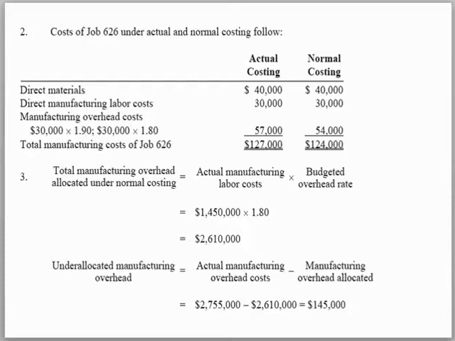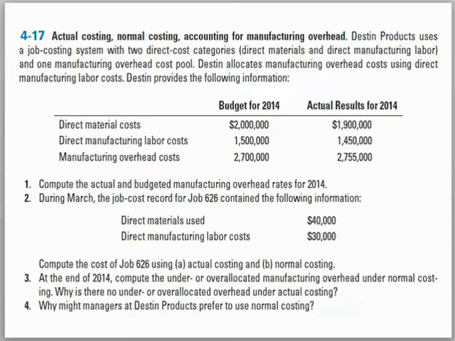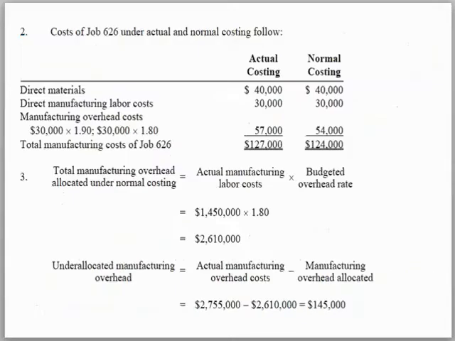To know if there is under allocation or over allocation, we have to compare this manufacturing overhead allocated with the actual manufacturing overhead costs. The actual overhead cost here is 2,755,000. We subtract from it the allocated overhead, which is 2,610,000. We get 145,000, which means there is under allocation in the manufacturing overhead.